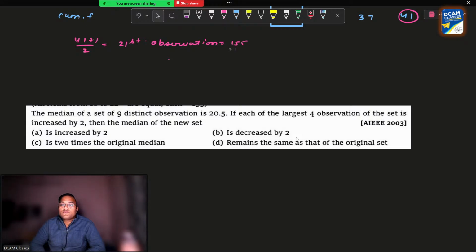Each of the largest 4, total 9 observations are there, and we have arranged them in increasing order, so the largest 4 will be the last 4, no? They are increased by the number 2.